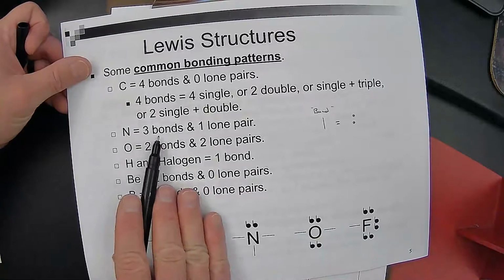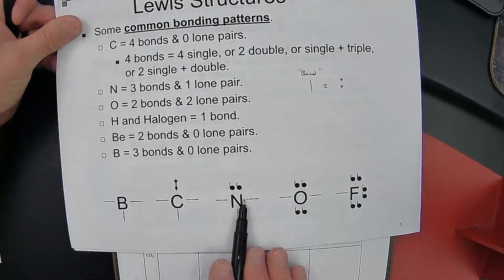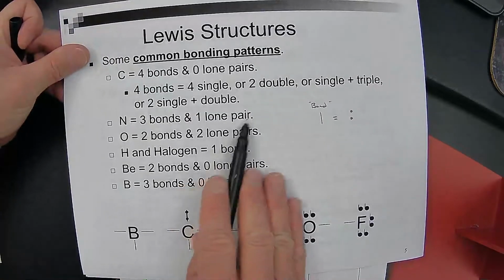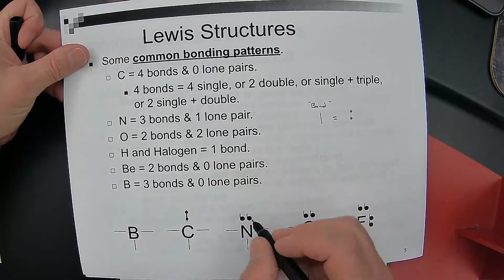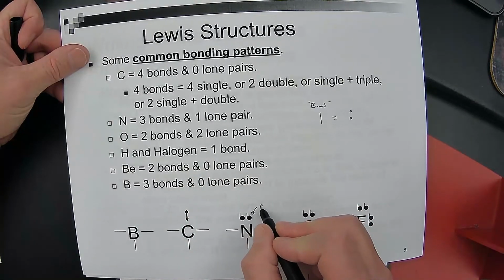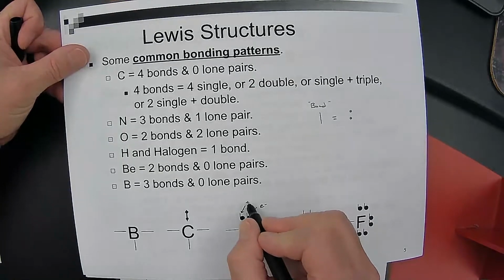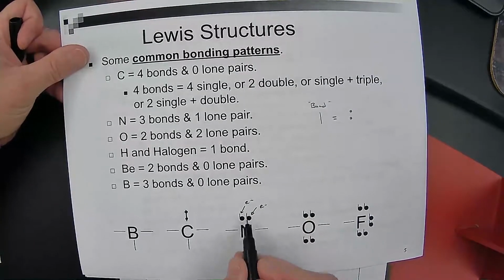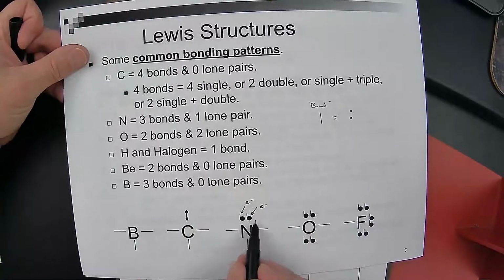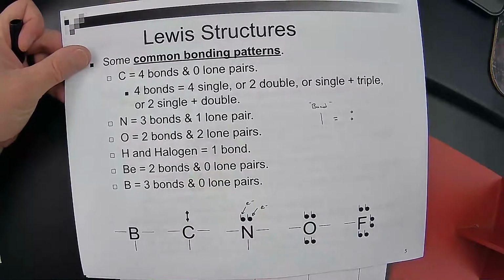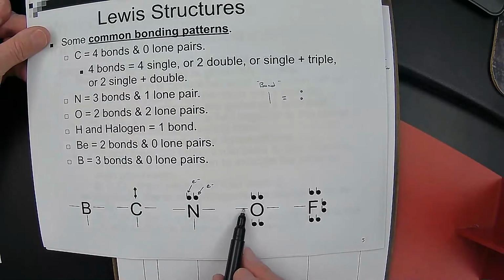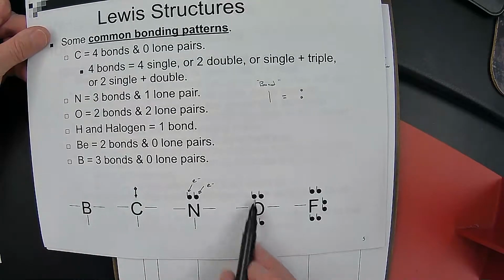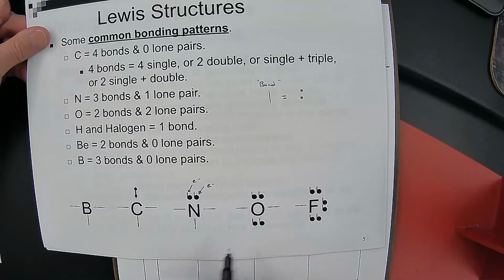Nitrogen likes to make 3 connections, 3 bonds, and then it likes to have a lone pair. Here's a lone pair. These are electrons. There's an electron. There's an electron. There's 2 electrons, so it's a pair, and they're by themselves, so it's a lone pair. Oxygen, on the other hand, likes to make two bonds, one bond and another bond, and two lone pairs.